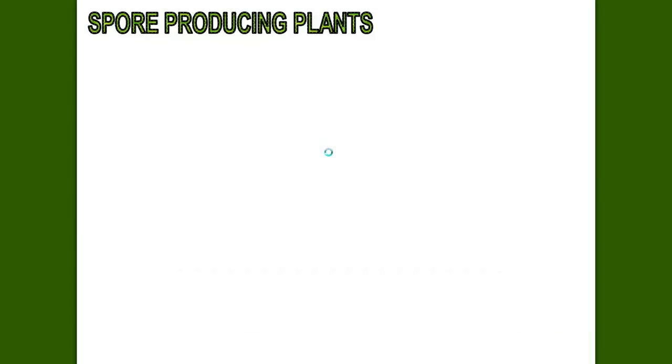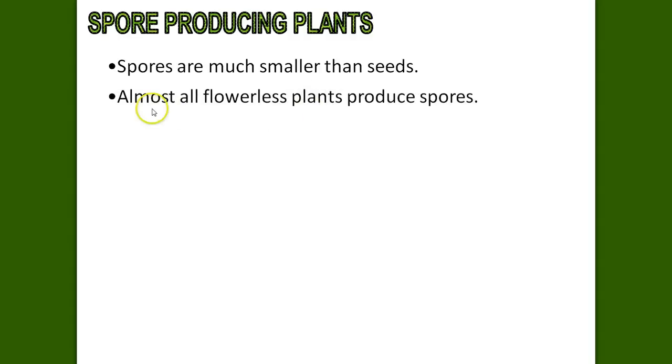Spore-producing plants. Spore-producing plants are different than seed-producing plants. Spores are much smaller than seeds. So an important fact to write about spore-producing plants is that they're so much smaller than seeds. They're little. Almost all flowerless plants produce spores. Wow! I didn't know that.